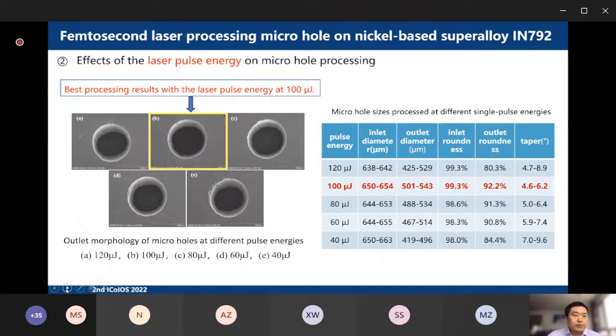And the laser pulse energy is also an important factor for micro hole processing. We found that a laser pulse energy of about 100 microjoule is the best.